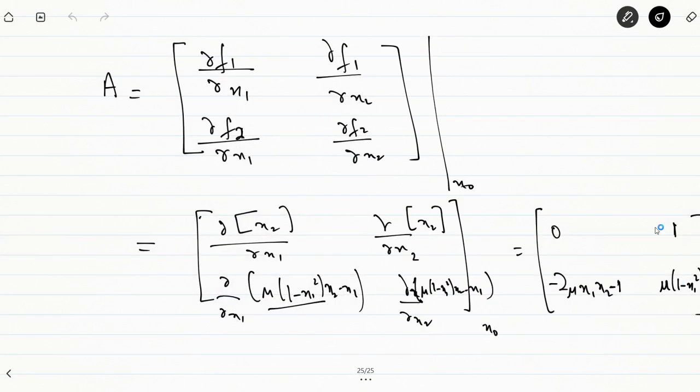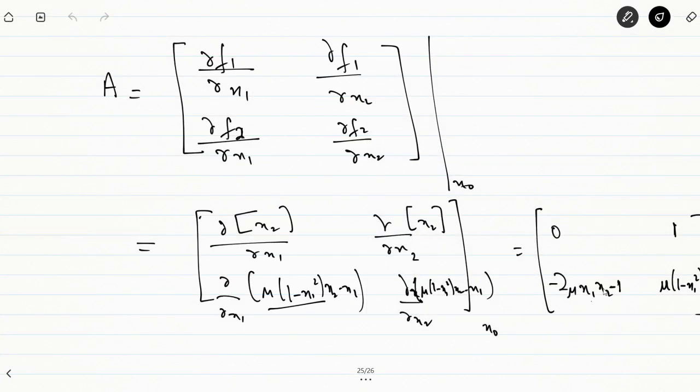So this matrix is coming out, this is your A matrix, but this is at x naught. We have not yet substituted the values of x naught. What is x naught? x naught is basically x1 0 is also 0, x2 0 is also 0, so you have to actually substitute x1 and x2 both equal to 0. So what will come here?